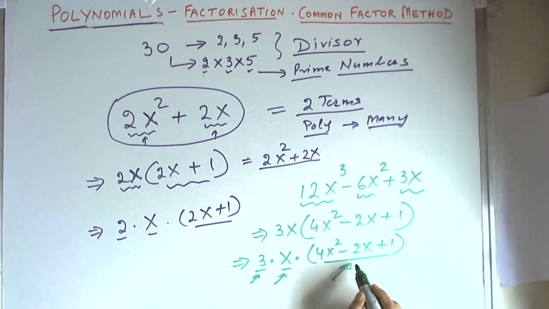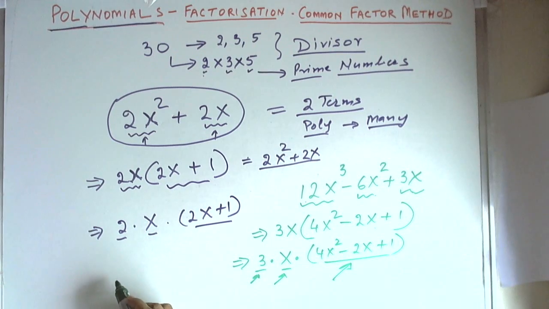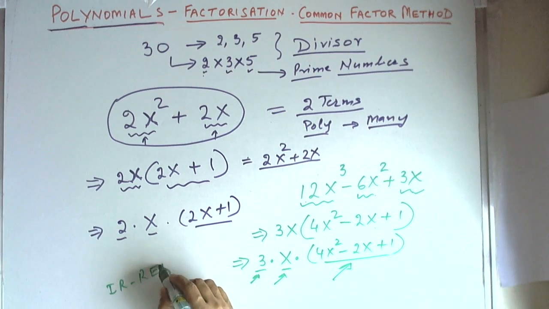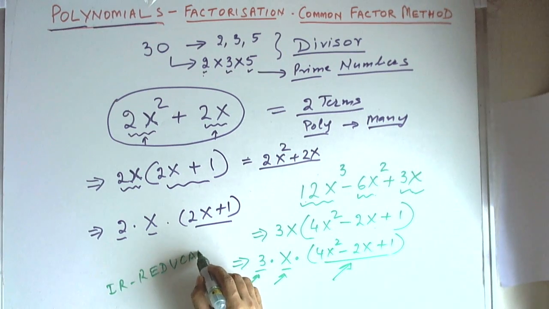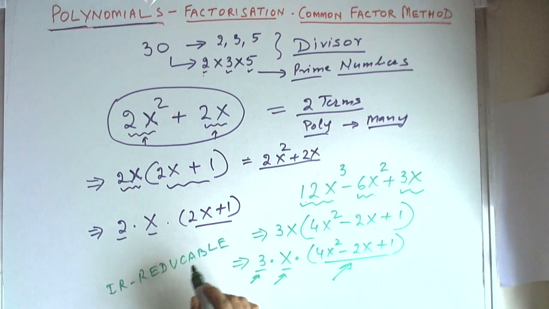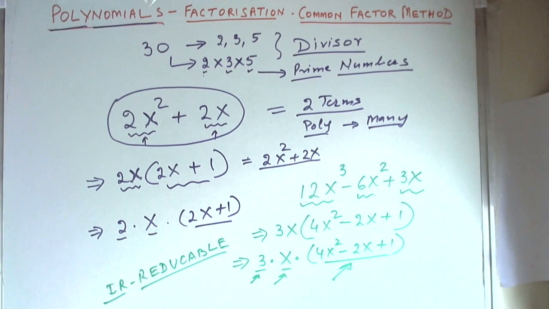So it is not further factorizable, which means it cannot be reduced further, and this is called irreducible. So instead of the word prime, for polynomials we use the word irreducible.